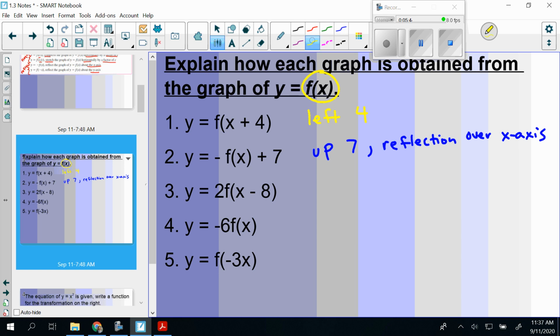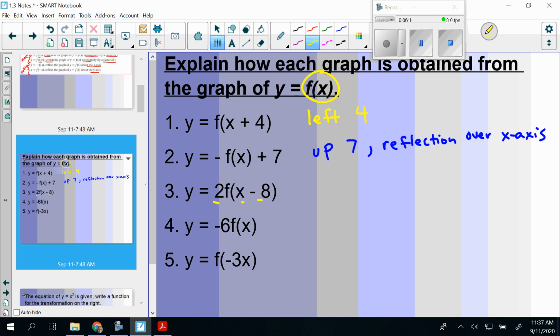All right, next one. Two things again. We got a 2 here, and we also got a -8. The 2 outside of that, it's being multiplied, not added. So that's going to stretch or compress it. If it's outside, it's what you normally think. So if you times something by 2, that's going to stretch it. So that's going to be a stretch.